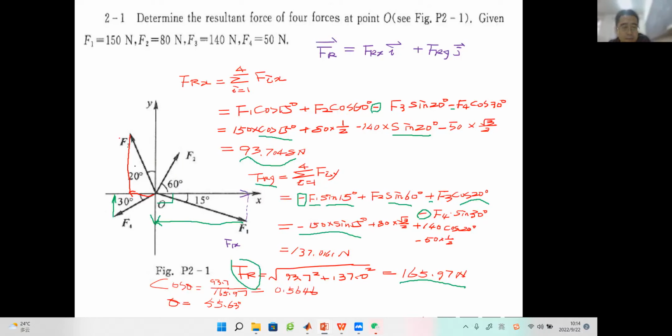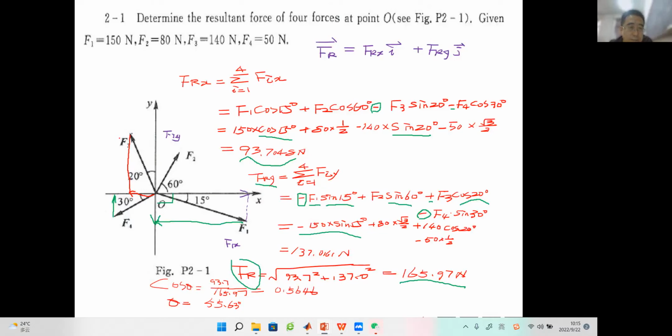So let's see F3. F3 is located here, and the problem gives us the intersection angle with the positive y direction. When we use F3 times cosine 20, it will be F3y. If we project onto the left part of the x-axis, we should use F3 times sine 20.